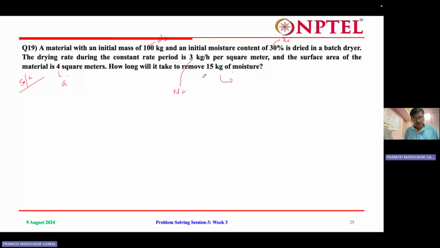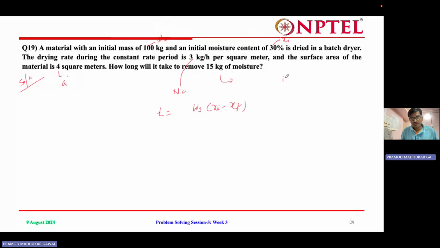So here is the formula: t is equal to Ws into (Xi minus Xf), right? So here is the weight of the solid into the moisture content, so if you multiply this you get kg.